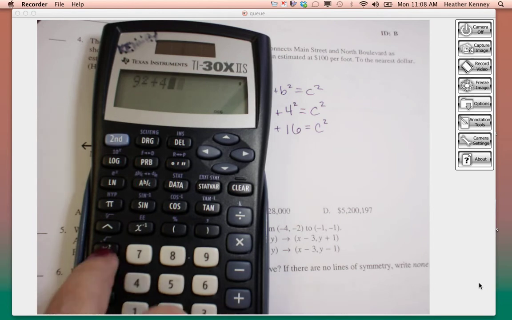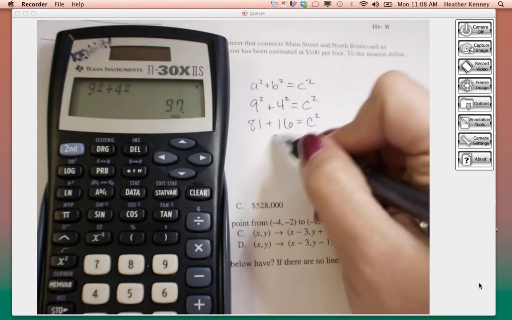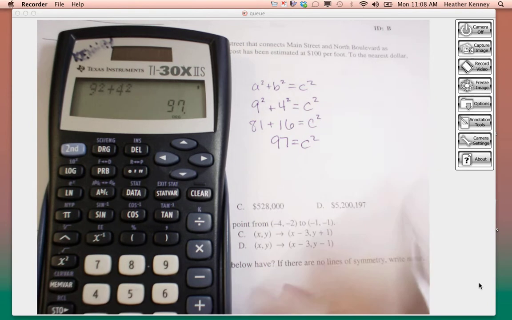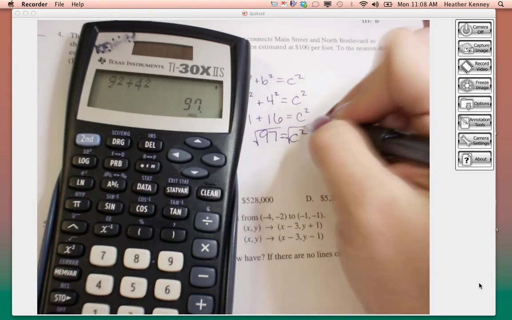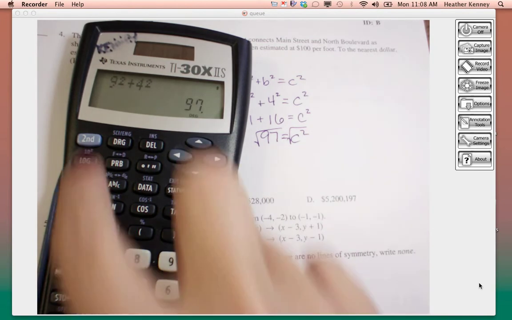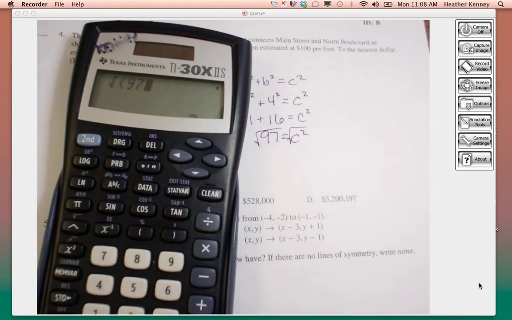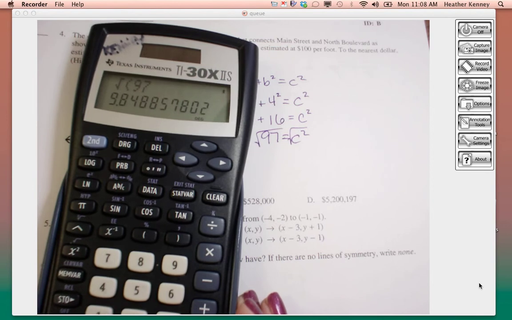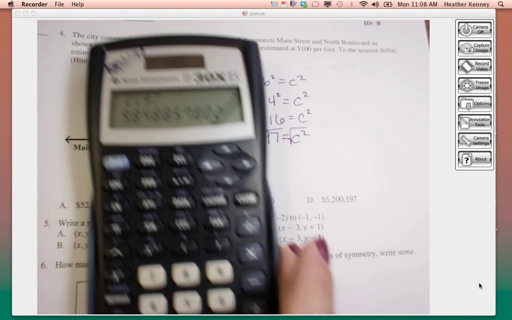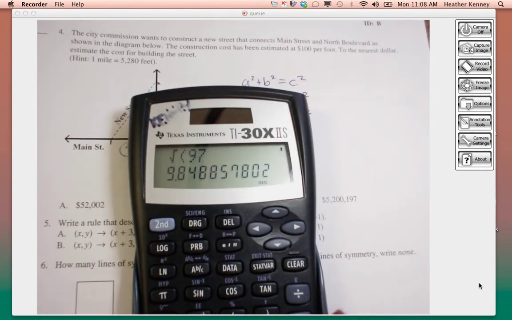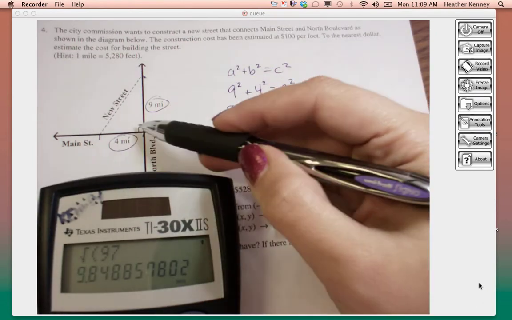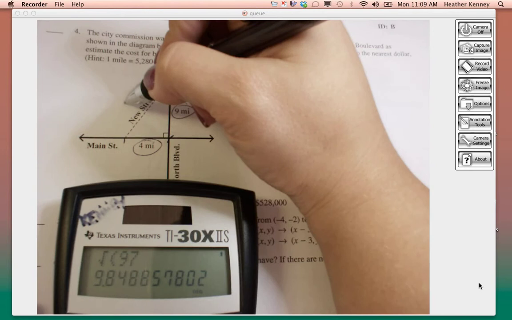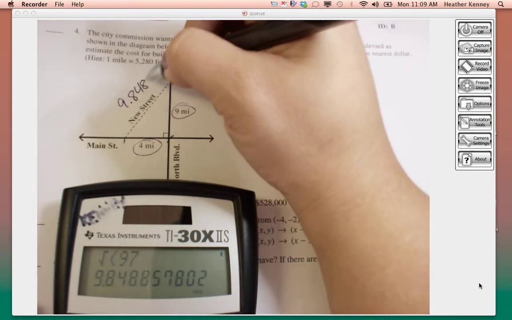I could have done 9 squared, the x squared key, right there, plus 4 squared gives us 97. Okay, so 97 equals c squared. And then we would want to take the square root of both sides to find c. So square root of 97, we get a big decimal number. So hold on to that because we're going to need it. Keep it in your calculator.